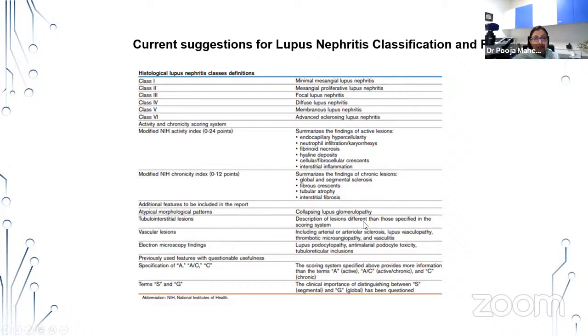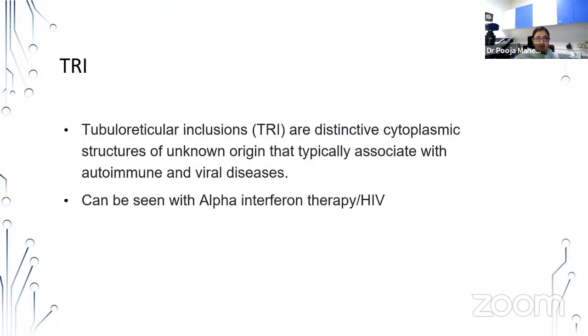We should describe lesions different from those specified in the scoring system. Then we should specify vascular lesions. And if EM is done, we should include electron microscopy findings, and previously used features with questionable usefulness, so these we don't use nowadays: A, B, C, or S or G.